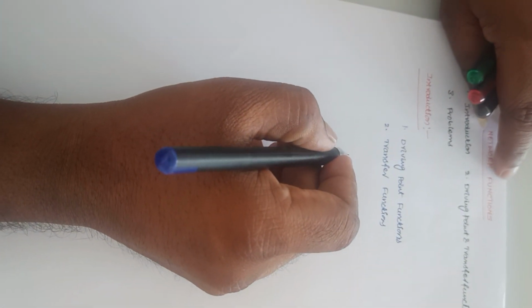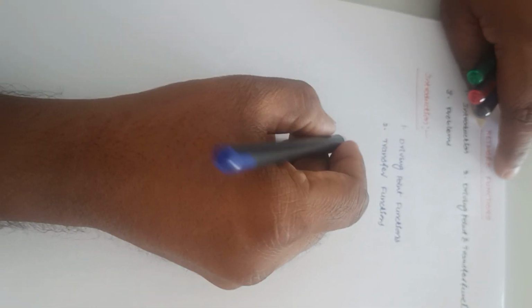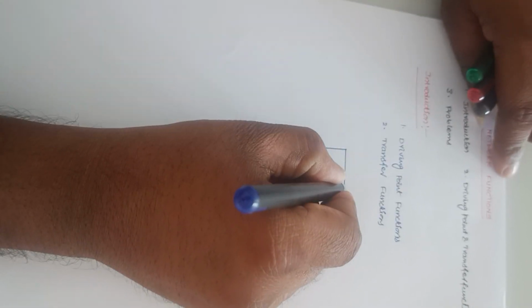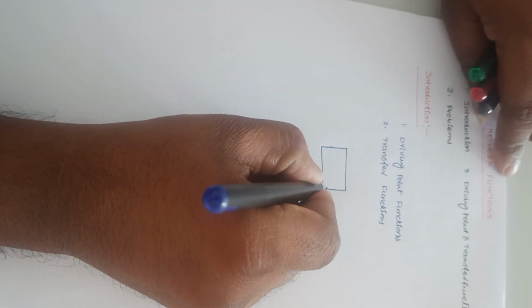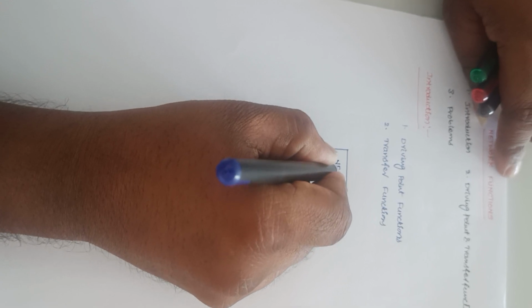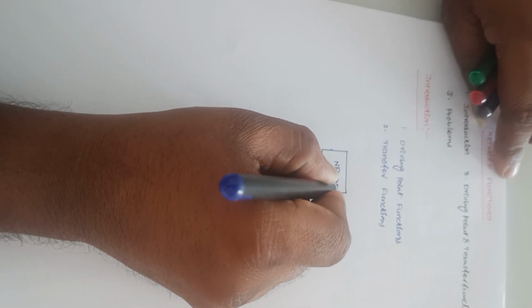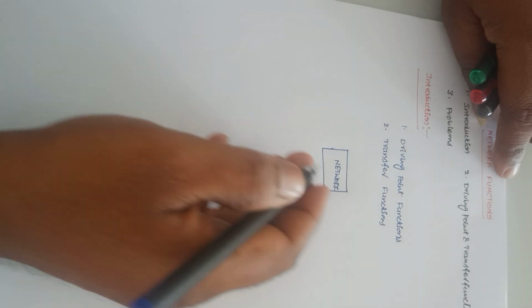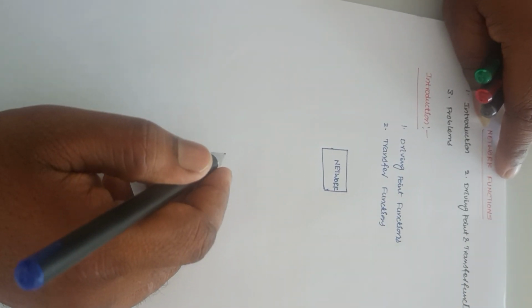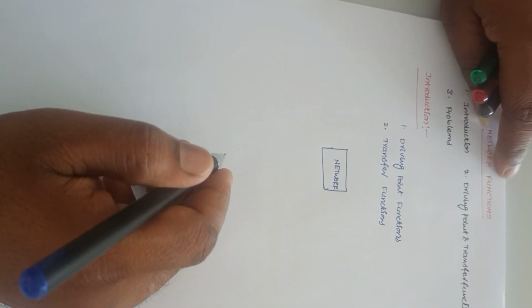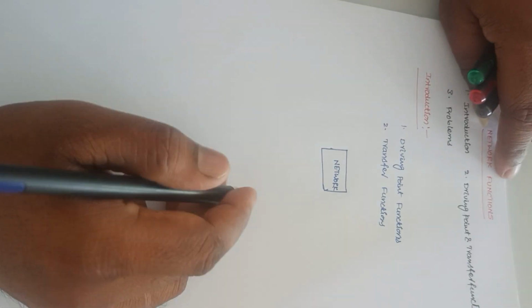Any network can be represented with a rectangular box. This is a rectangular box. It is a network. These networks are classified into two types depending upon the number of ports available for that network.